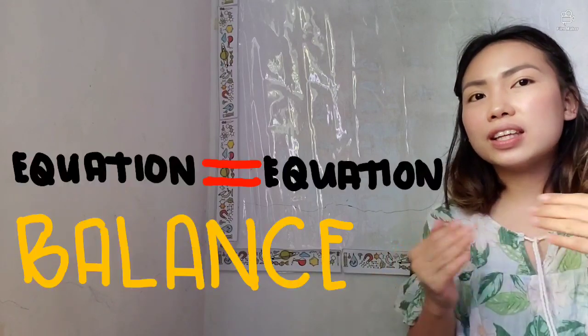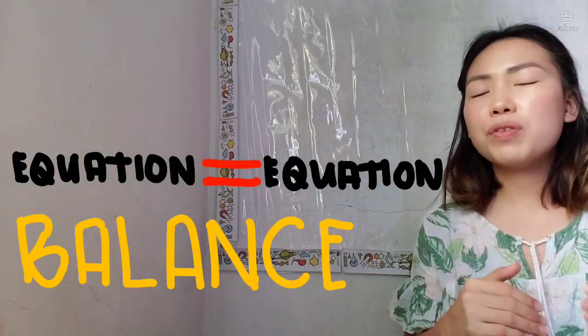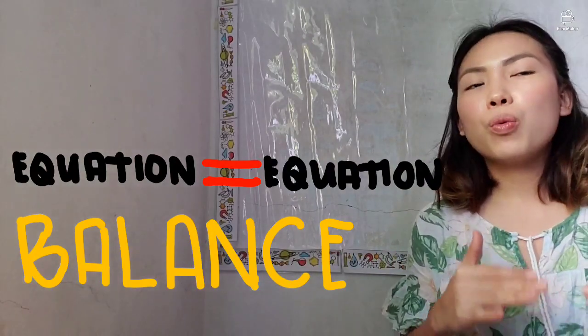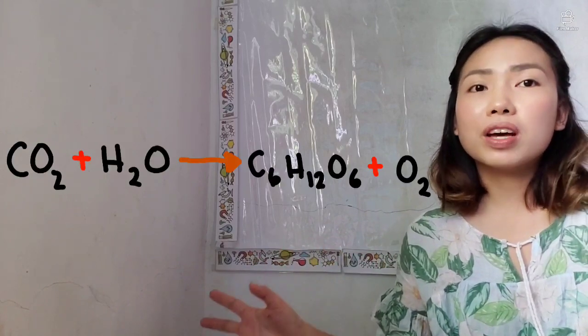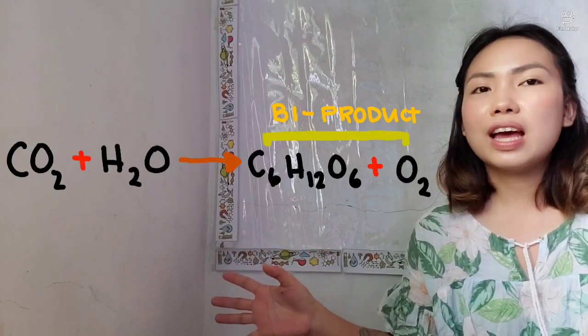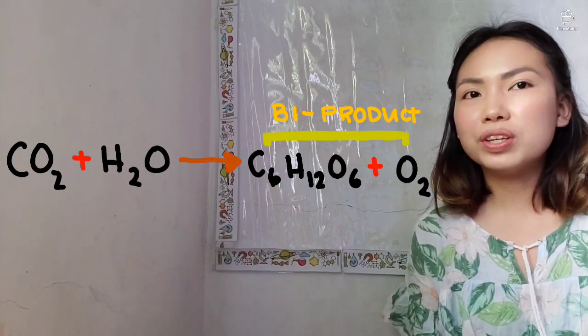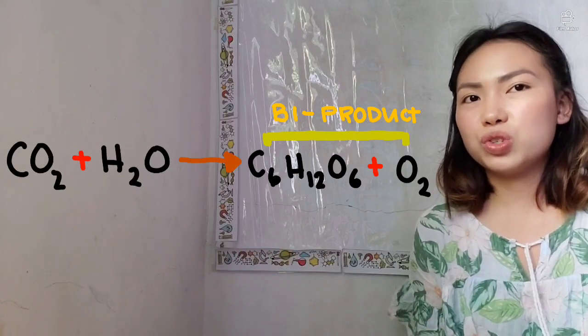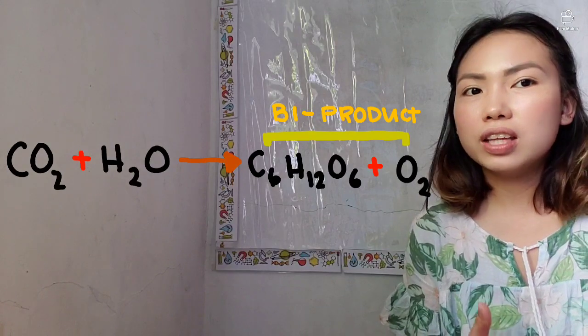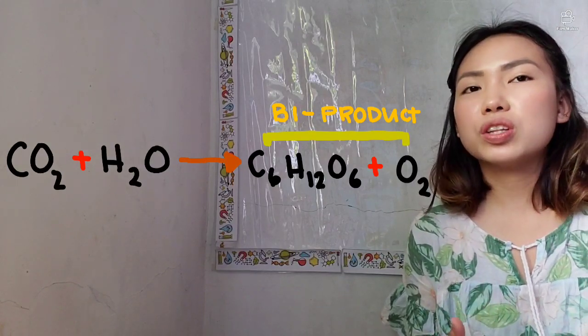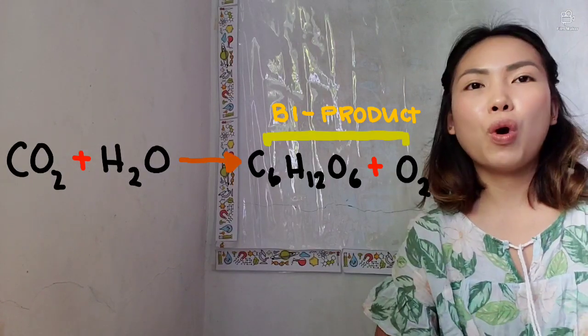Kailangan yung equation natin sa left is equivalent or balanced with the equation natin sa right. So, since in the right side, on the byproduct, glucose has 6 carbons, 12 hydrogen, and 6 oxygen. Then we have the oxygen of another 2 counts of oxygen.